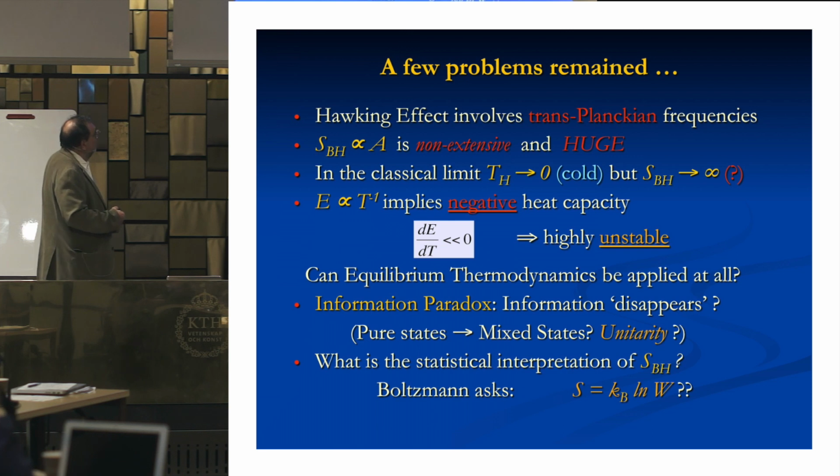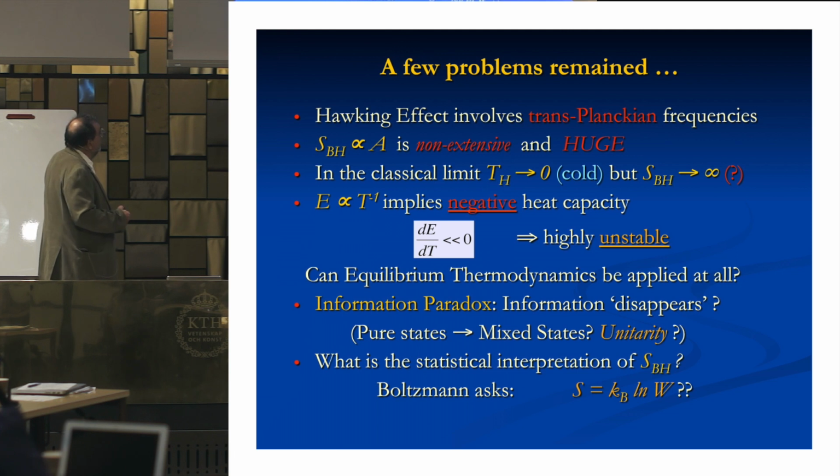We're here to discuss these problems, but the list is, as people have pointed out repeatedly over the years, if you follow the Hawking quanta back to near the horizon, just because things redshift coming out, if you go back, they blueshift, and eventually you're talking about frequencies which are in principle infinitely large and bigger than the Planck scale.